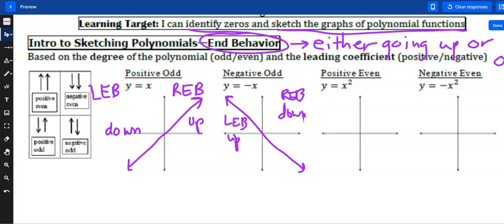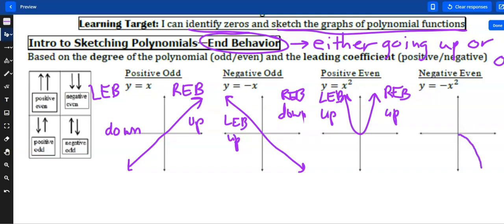And the next one is positive x squared. We know what that looks like, right? It's a parabola that opens up. And so you can see that it's up on both sides. What you're going to find in a minute is that you need to find the right end behavior first.